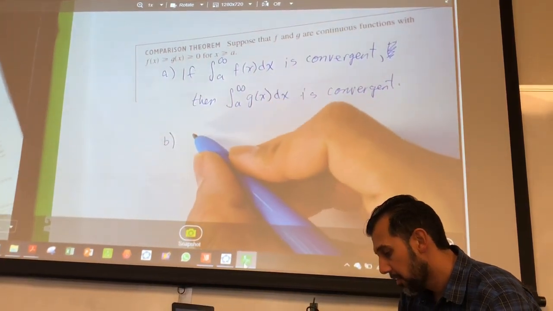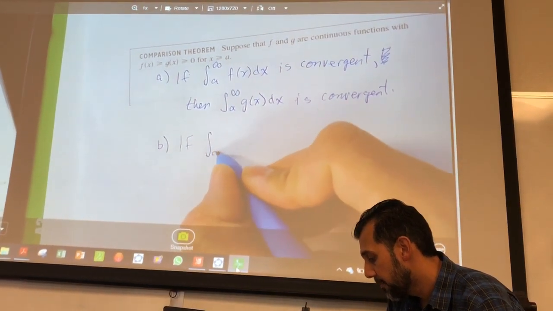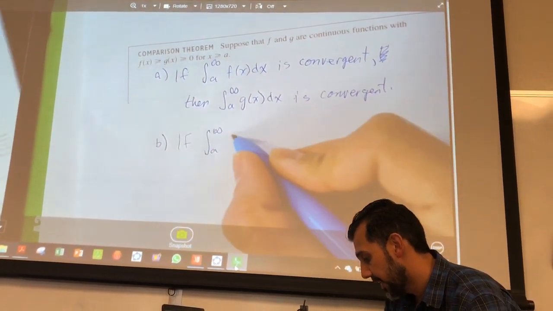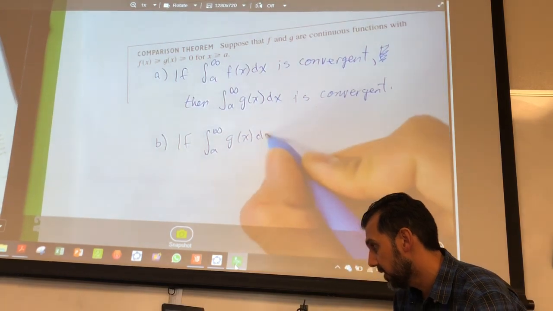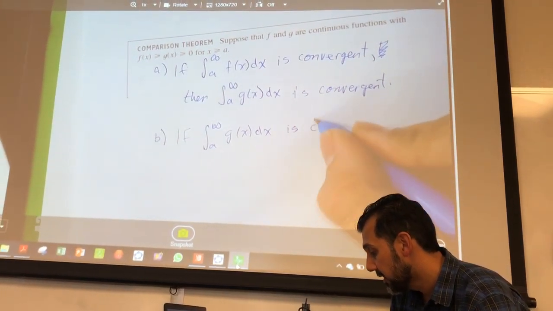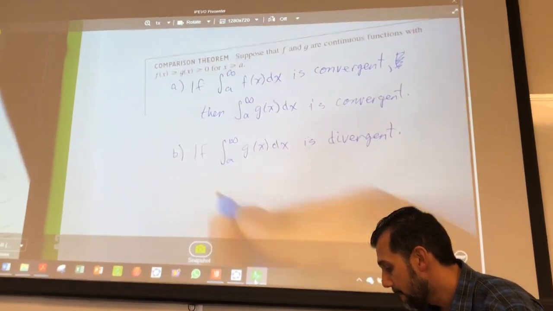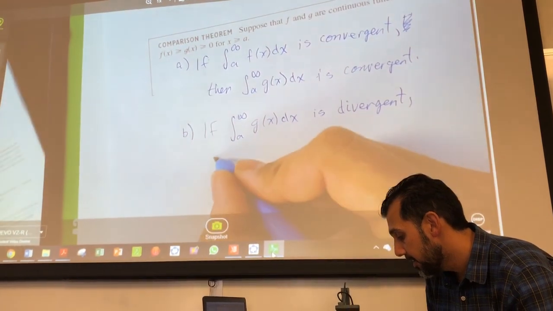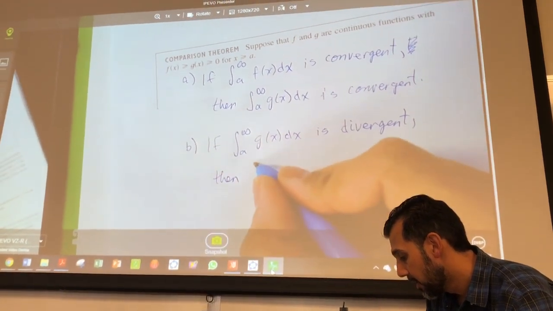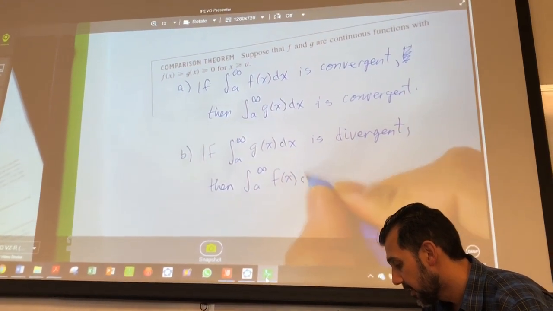Now let's go the other way. Let's say we've got the integral from a to infinity of g of x dx. What do you think we're going to say about this? We're going to say if this is divergent, then, maybe you can already anticipate what we're going to say here.